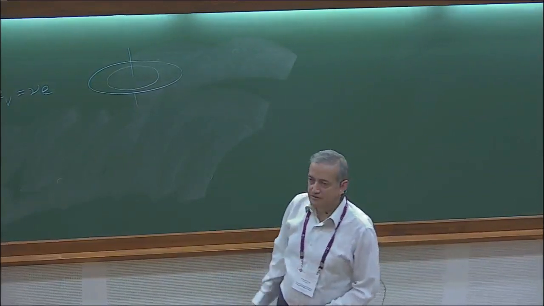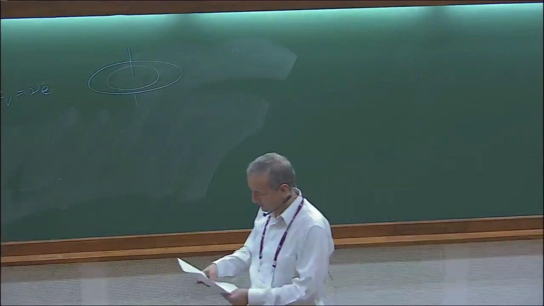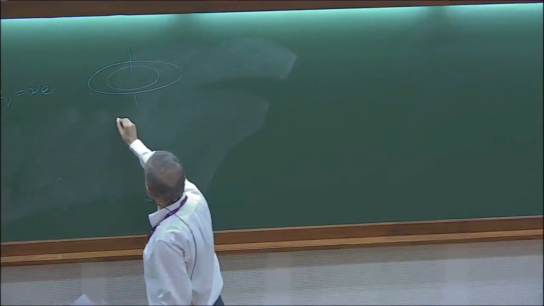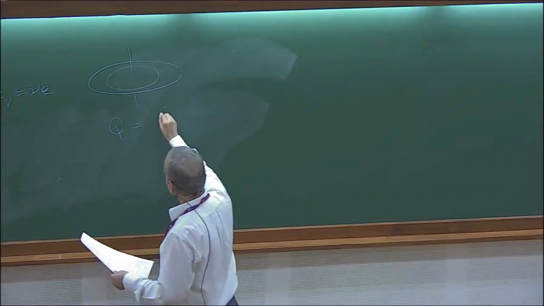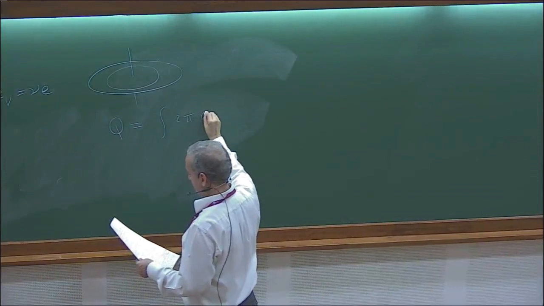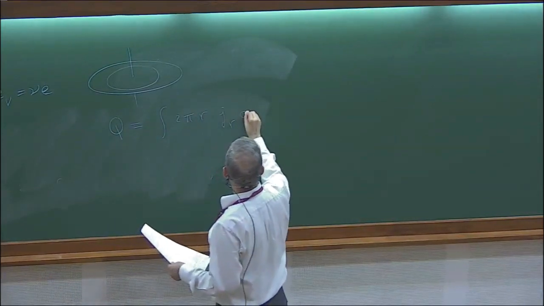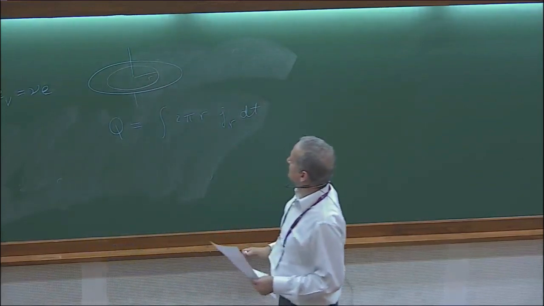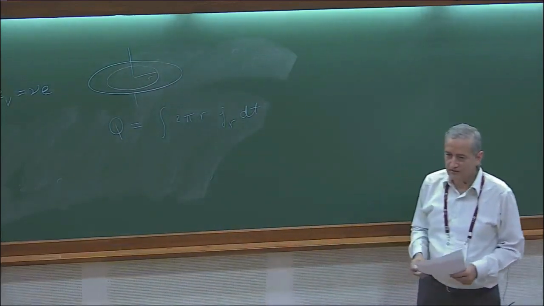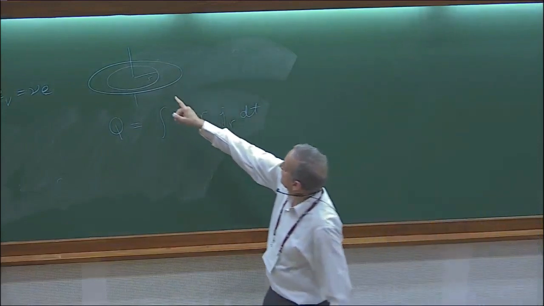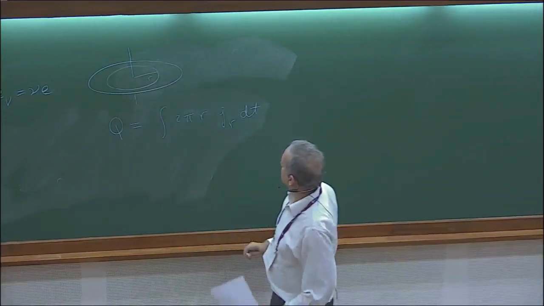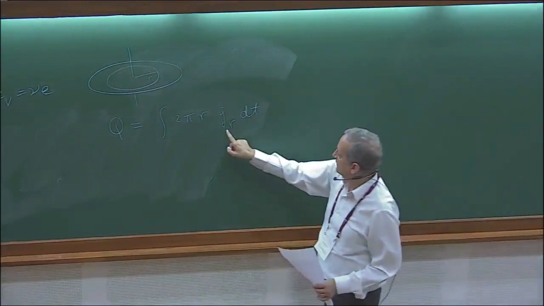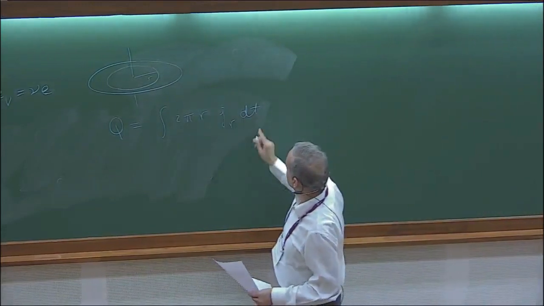So the charge that has moved out: let's say the radius of this circle is r. So this loop, the circumference is 2 pi r. If J_r is the current density, I integrate over time. That gives me the total charge. What is J_r?